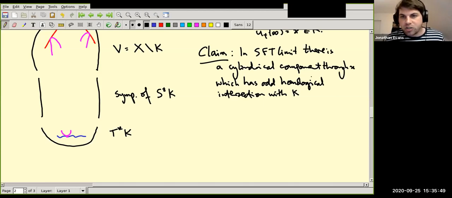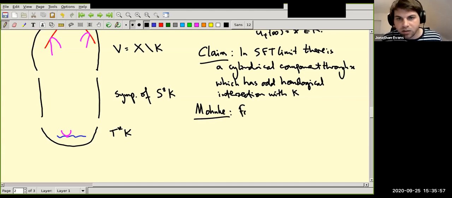And I claim this is dodgy because what Monica proved was for this particular J minus, this particular almost complex structure we're using, a generic X doesn't have this property.